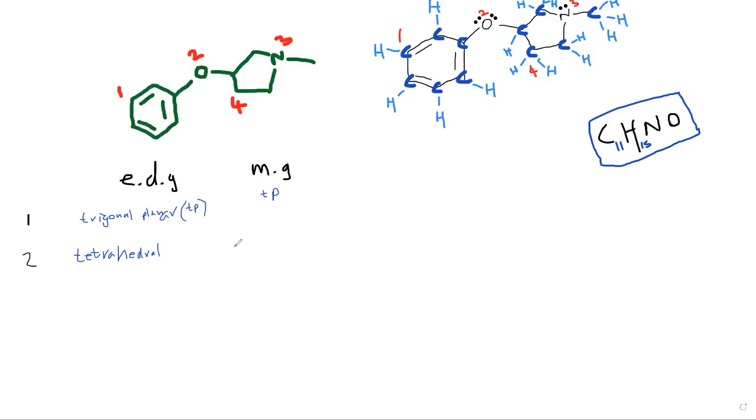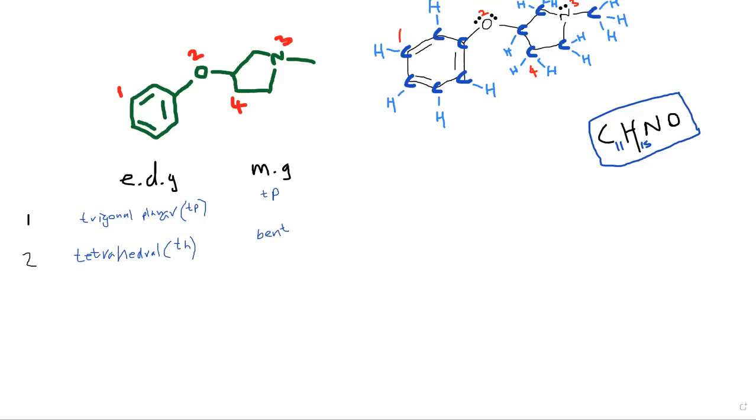So the molecular geometry around that oxygen is bent. And for tetrahedral, I'm going to use TH so that if I need it in the future, I can write TH instead of writing the entire word tetrahedral. Anyway, that is atom 2.